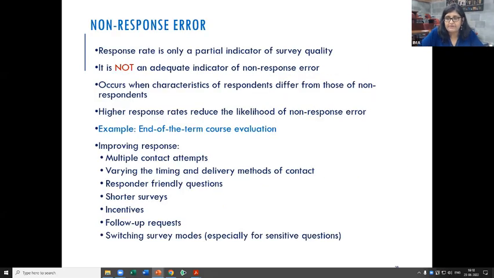Non-response error happens when the respondents differ from the non-respondents. A good example to understand this would be these faculty evaluations. End of the term, students evaluate faculty, right? And there's a lot of numeric questions. Typically, only the outliers, unless it's compulsory, only the outliers will answer the survey.